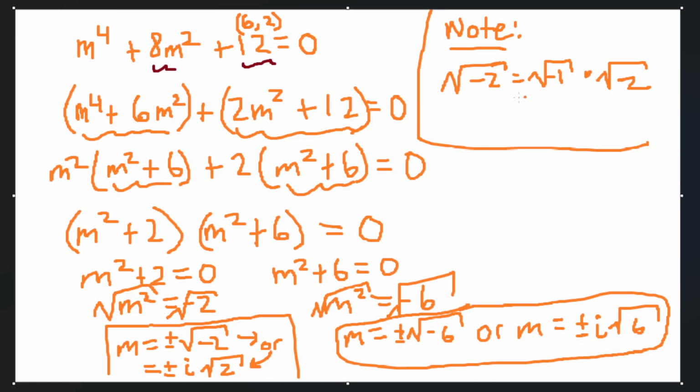We know that the square root of negative 1 is i. So if we bring down the square root of 2, we know that the square root of negative 2 is also equal to i times the square root of 2.